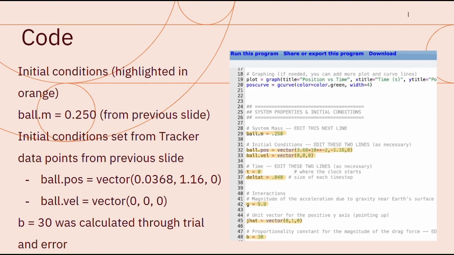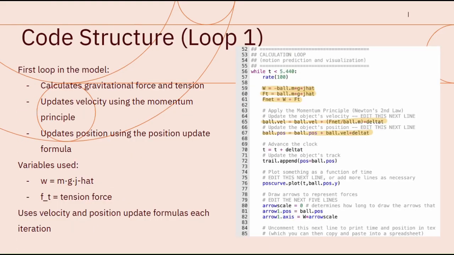And the code, right? So I put the initial conditions, everything highlighted in orange. I found what the drag force was and put that in. Everything I just plugged in. Okay, and here's where it gets interesting. The code structure. This is for the first while loop of the model. The gravitational force is calculated using mg j hat, and the tension force is included as well.